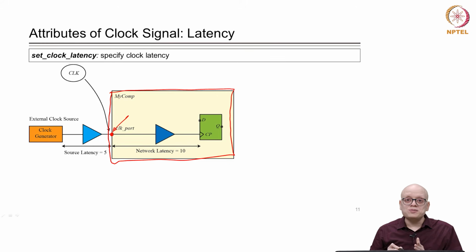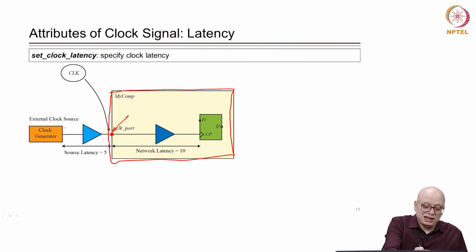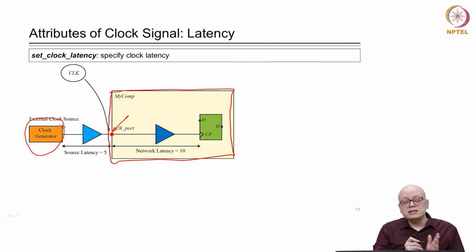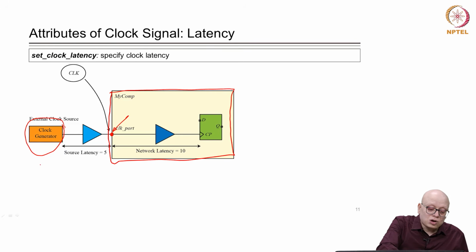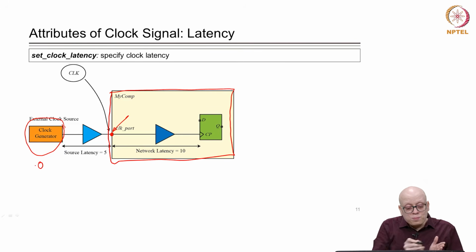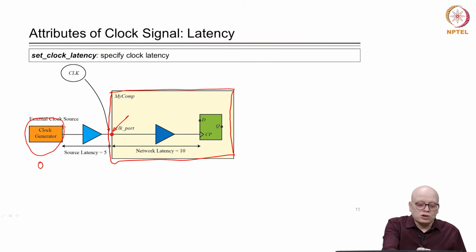Now, this clock is basically coming from an external source, right. So, there can be an external clock generator and this clock generator was generating a clock signal or clock edge at time say 0, right. Now, because of the delays in the path from the clock generator to this pin, there will be some delay, right. Let us say that this delay is 5 time units.